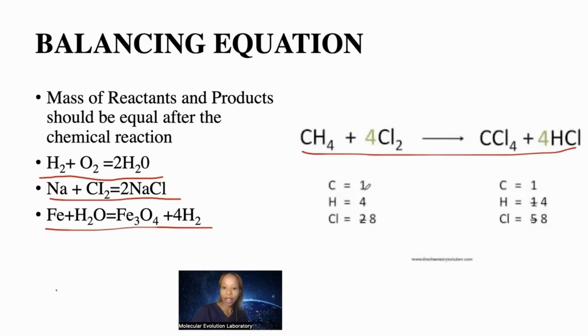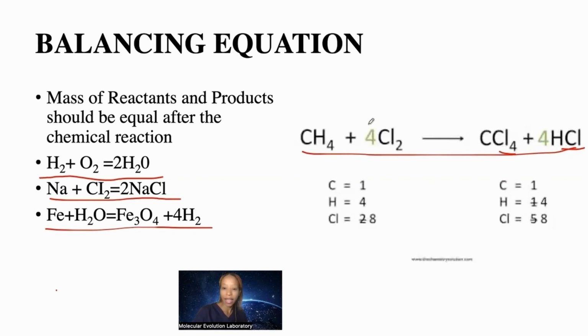On this side, you have 1 carbon, 4 hydrogen, 2 chlorine, and on that side 1 carbon, 1 hydrogen, 1 chlorine. With the insertion of 4, this basically gives you 8 chlorine. 4 times 1 is 4, plus this is already 4, so that would give you 8 chlorine here. The hydrogen would be 4 and the chlorine remains 1.